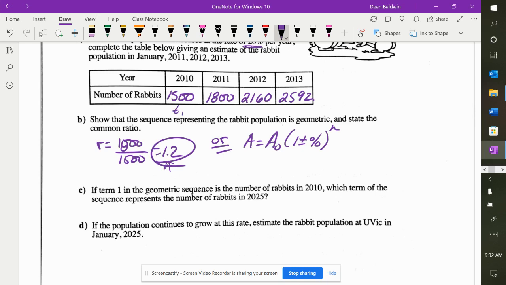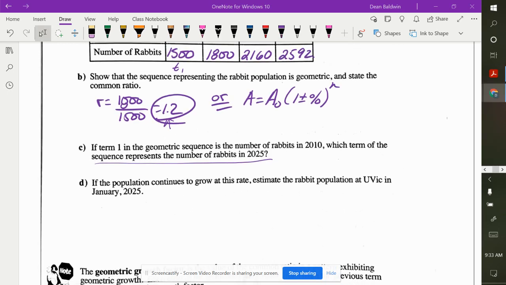What am I asking for? Which term? If T1 is the number of rabbits in 2010, what is the term number that represents 2025? Everybody thinks 15? I feel like that makes sense. All right, let's check it. 2010, 2011... 2016.